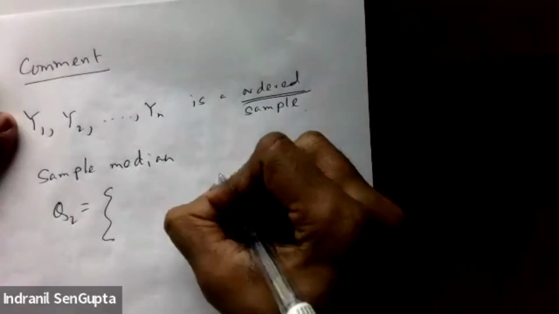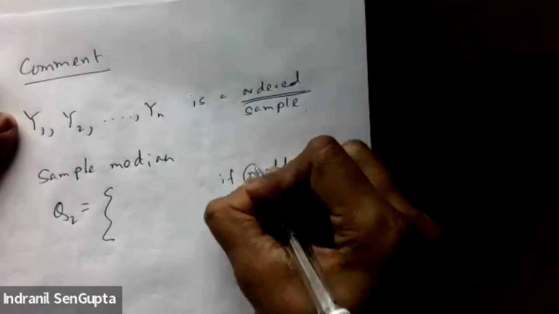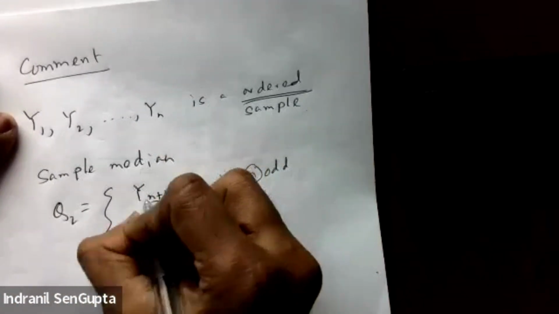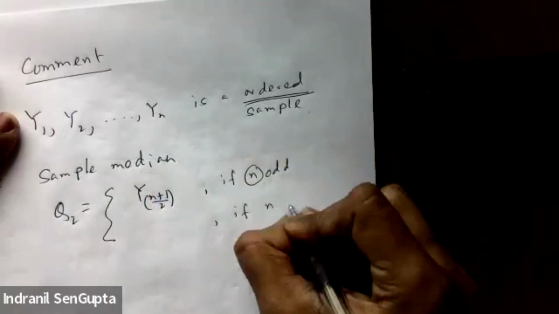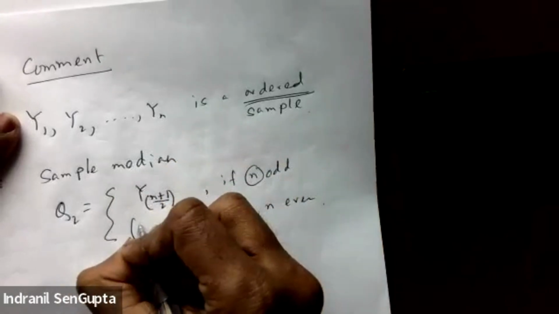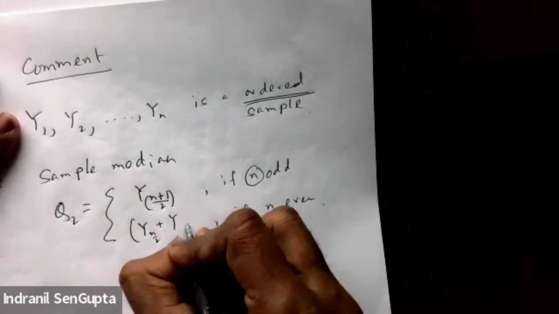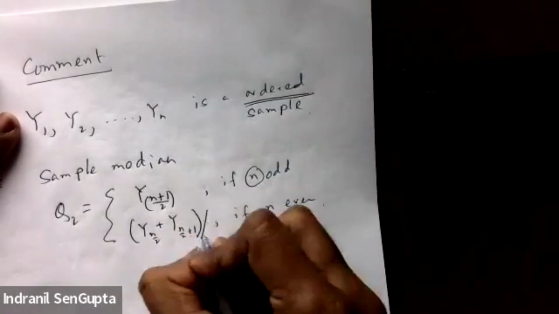If n is odd, it's easy: it's the middle one, which is y of (n+1)/2. And if n is even, then it's going to be y of n/2 plus y of (n/2)+1, all over 2.